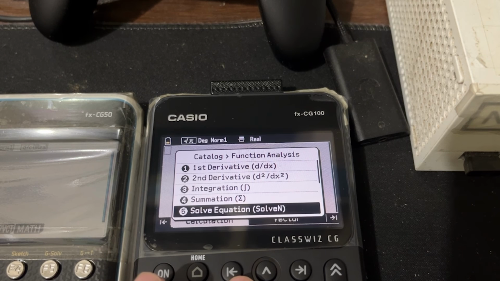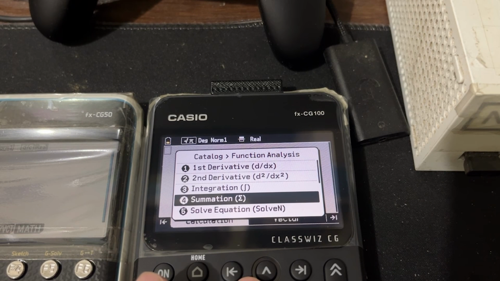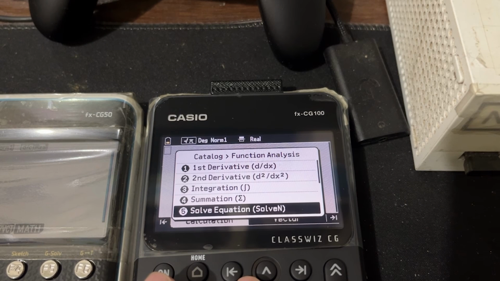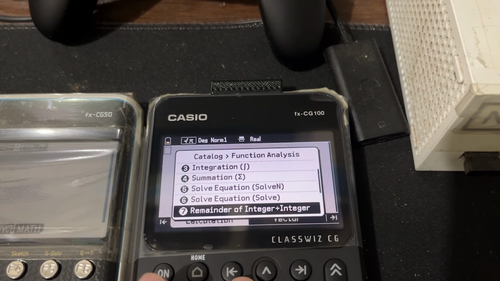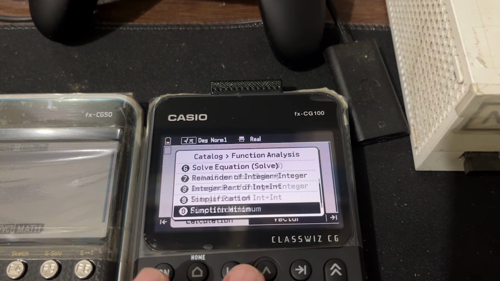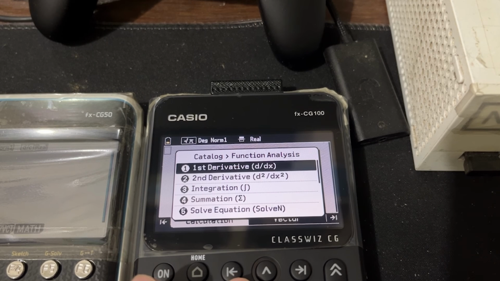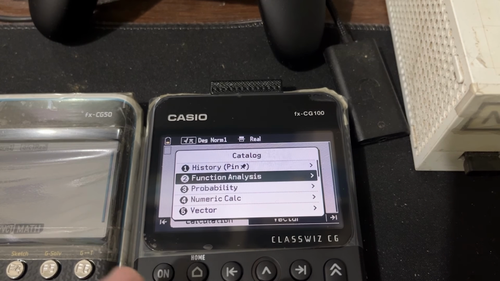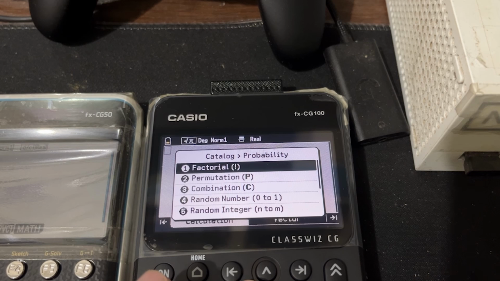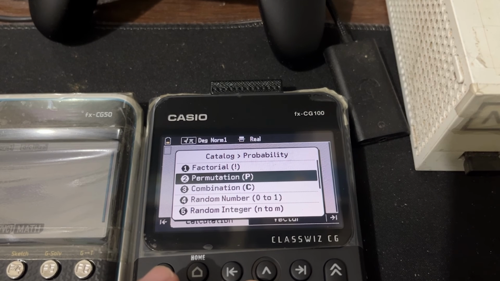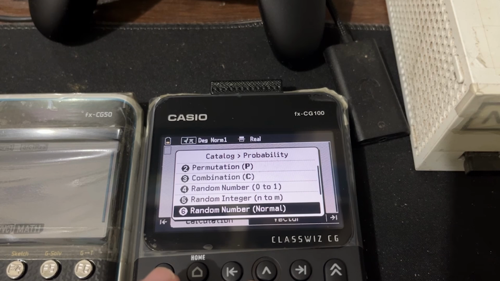We have summation, means, and solving equations. Solve equation. Remind the integers part. Wow, there are so many functions. You get it back. Probability, factorial, combinations.